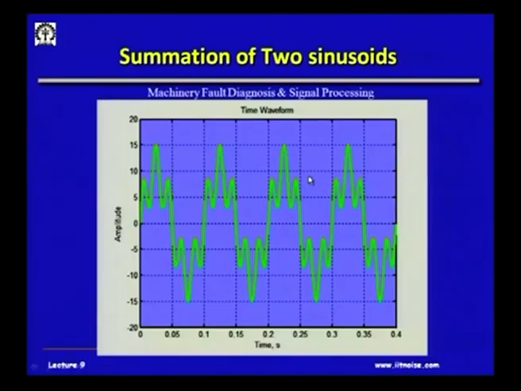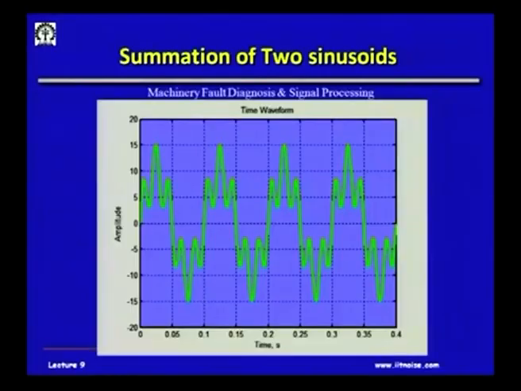If I sum them up together, you will have a signal like the signal out of a real world machinery, and this is the problem we have in hand. So, a real world signal looks, in fact, even worse than this. It is not even as uniform and simple like this. Those of you who have done experiments in the lab must have seen this on the oscilloscope or on your analyzer.